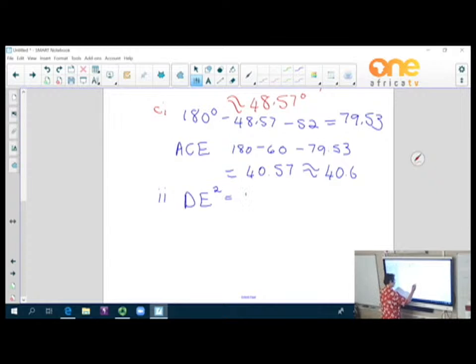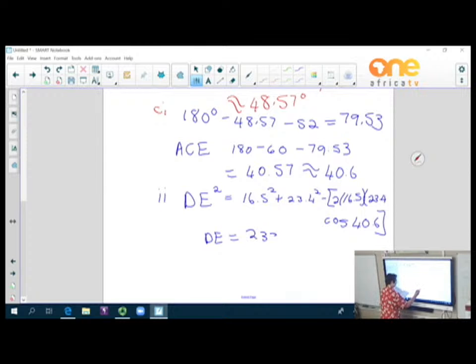DE squared is then 16.5 squared plus 23.4 squared minus in brackets 2 times 16.5 times 23.4, and the angle that we are using is cosine 40.6 degrees, the one opposite the side. So DE squared is then equal to 233.5006.